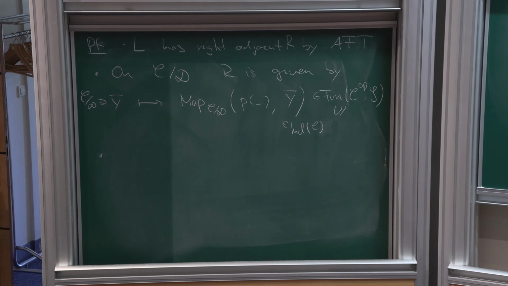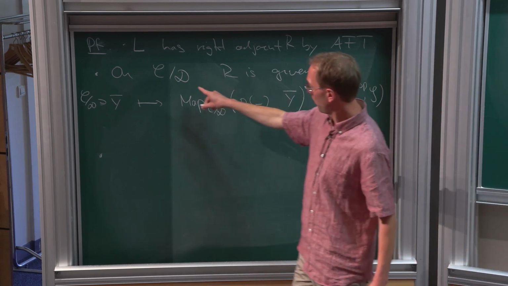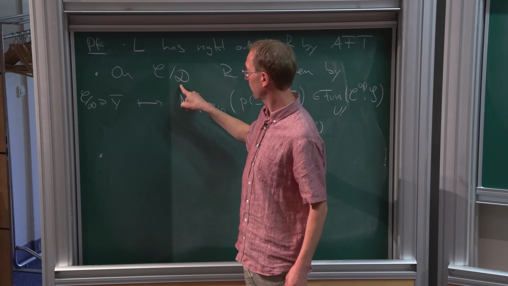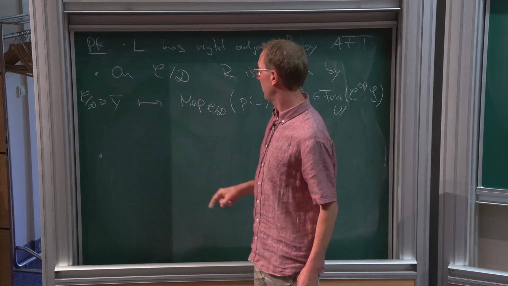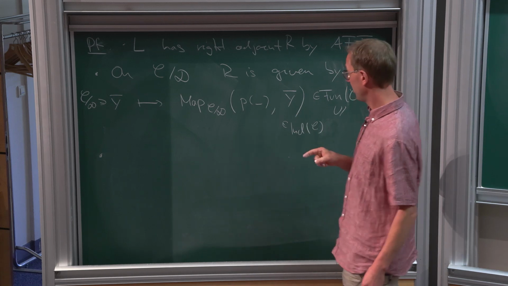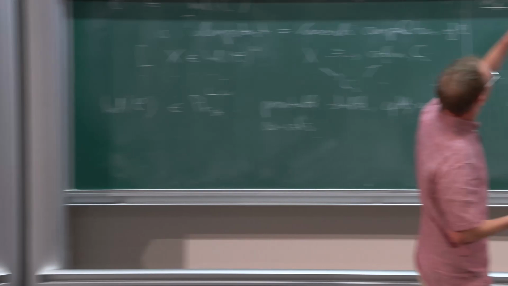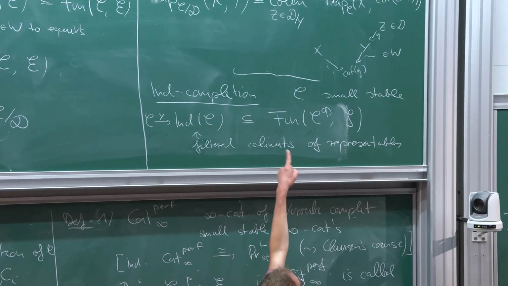Okay, so we have this right adjoint, and we have this explicit formula. Now we want to check maybe that it's fully faithful. And the point is here that I claim, so first of all, if you start with something coming from C mod D, then it's given by this formula, which somehow is given by this explicit colimit here.